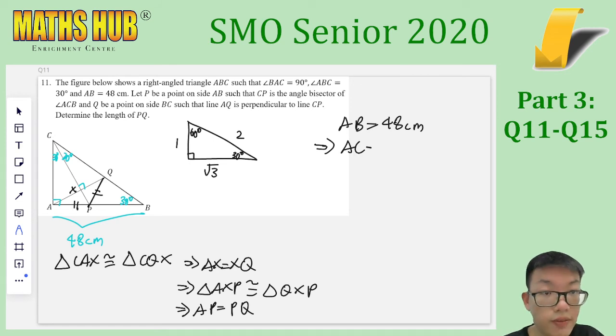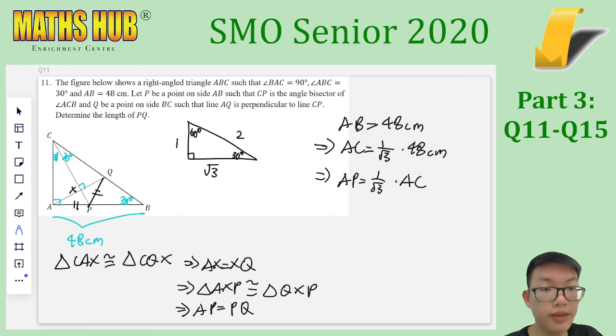So AC would be 1 over root 3 times 48 cm. And now if we look at triangle ACP, that's also in the ratio 1 is to square root 3 is to 2. So that means that AP is 1 over root 3 times AC, which becomes 1/3 of 48. And that is 16 centimeters.